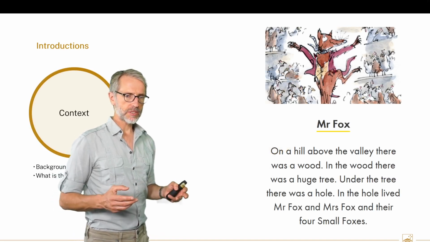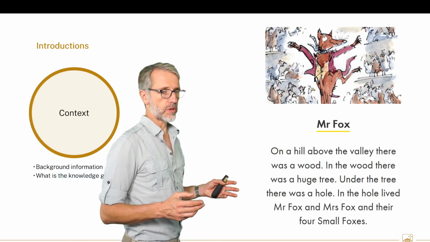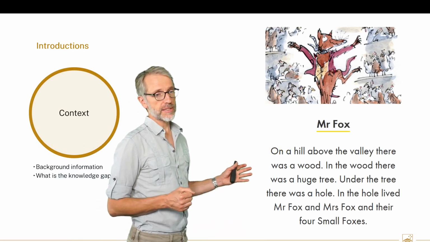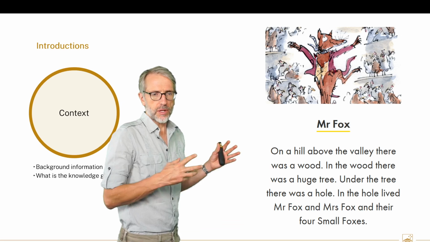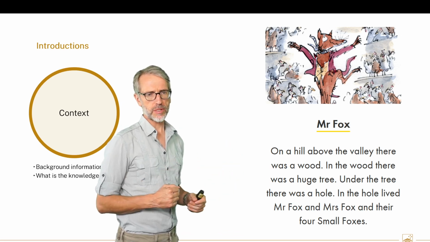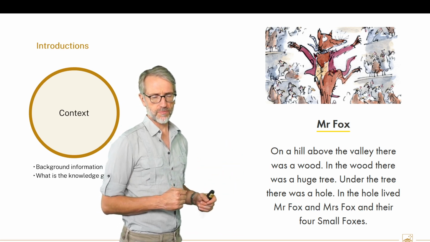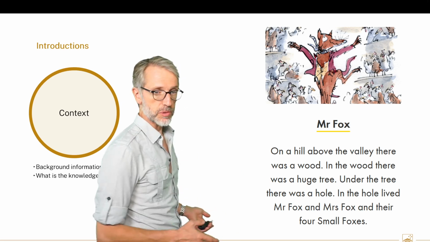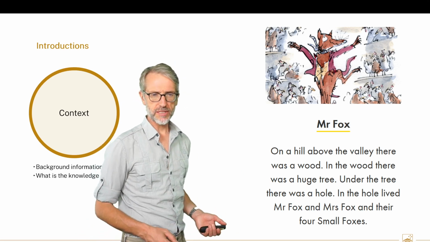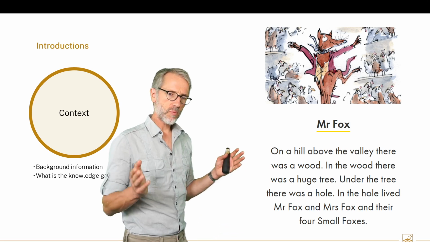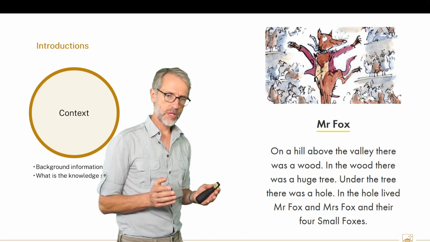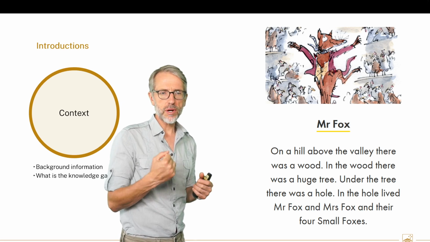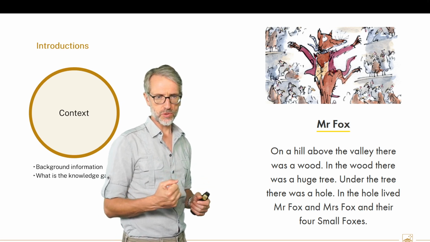So how does the context of an introduction work? Well, this is a wonderful example of what the context component of an introduction should do. Obviously, it's not from a research paper, it's from Fantastic Mr. Fox. But when you read this passage, you get a pretty good sense of what a really good introduction should do.